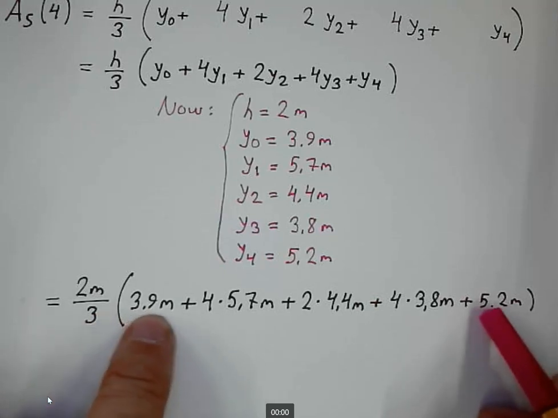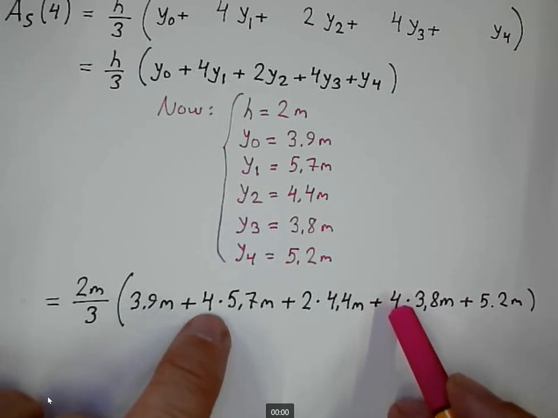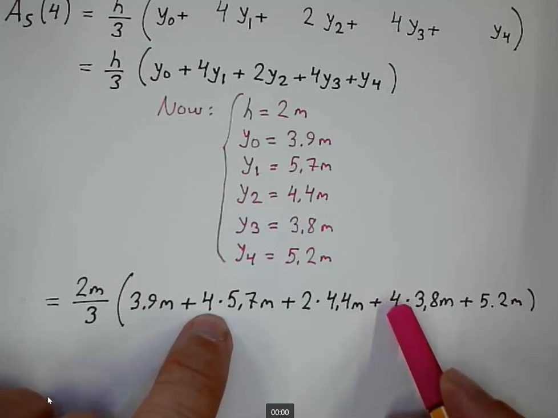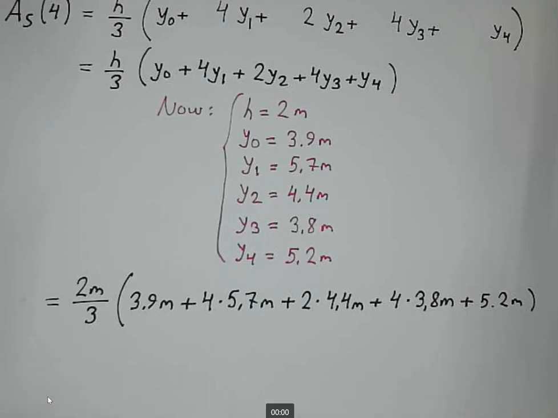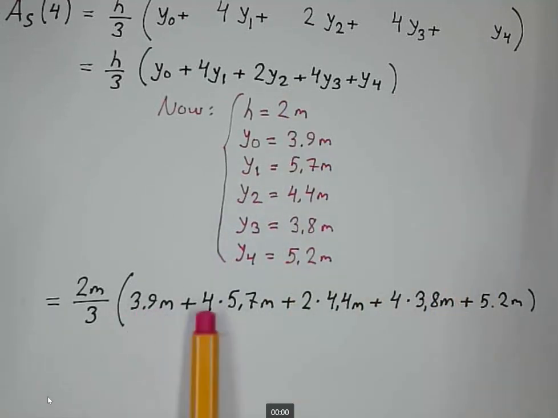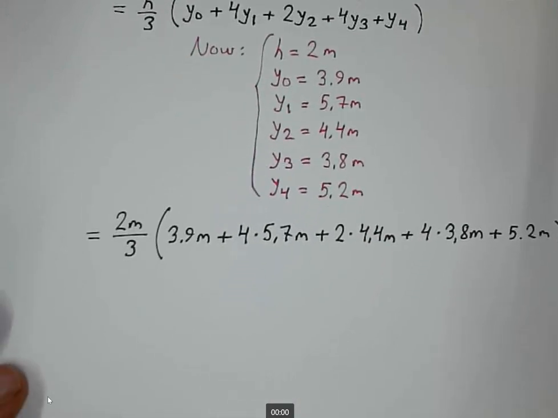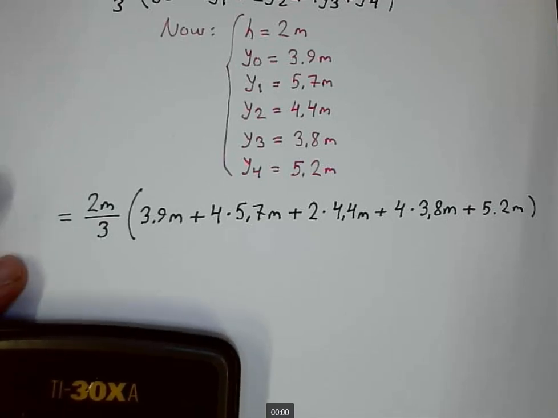So these numbers don't have any factors at all, or those factors are 1. Then we move here, both have 4 as a factor, and then here we have the 2. So this is symmetrical. It is a kind of mirror image if you only watch these factors. And then we may calculate the value of this area.